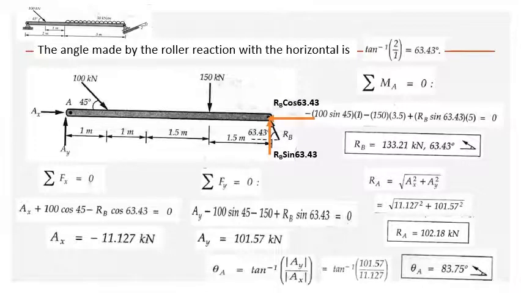Find out theta, this is the angle of inclination of RA. This is RA. The combination of AX and AY is the single load. We are combining the two loads AX and AY into single load RA.